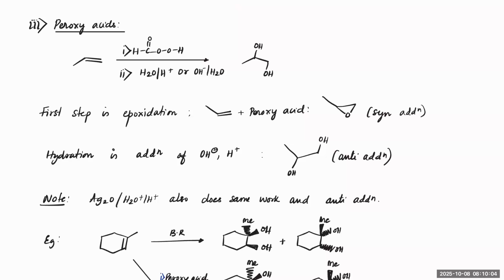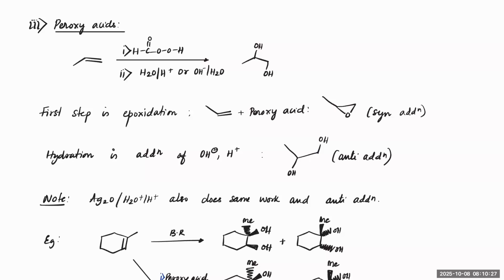Peroxy acids, if you notice, first step is epoxidation. So on the pi bond, when peroxy acid is added, the O linkage will come. So this is syn addition. And then hydration with OH minus and H plus is observed. So that will always be anti-addition.